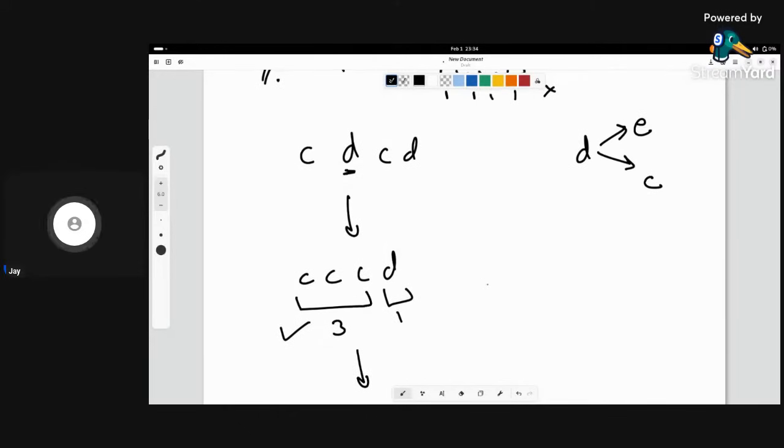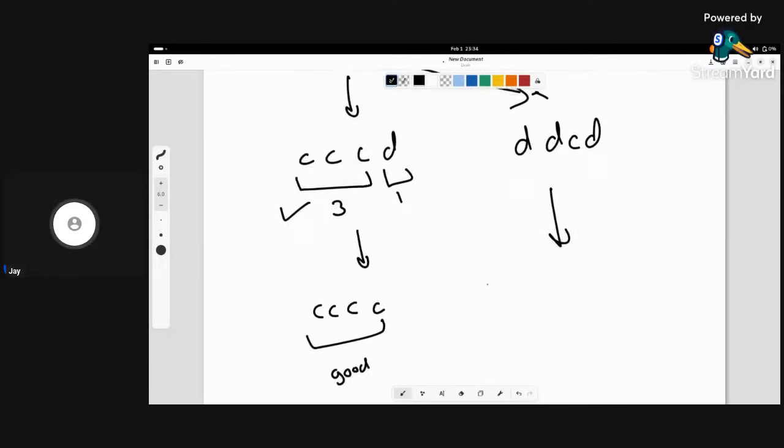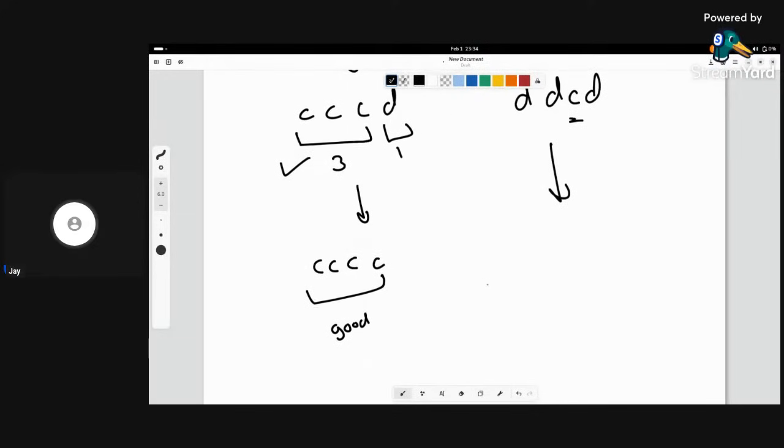But there was another possible way to do this. You could convert this C to D. So your operation can take the character back or take it forward. So you could say CDC becomes DDCD. Then you could once again operate on this C and convert it to D, giving DDD.